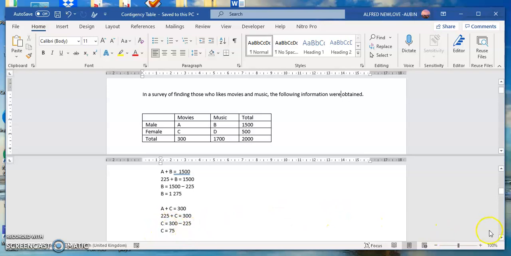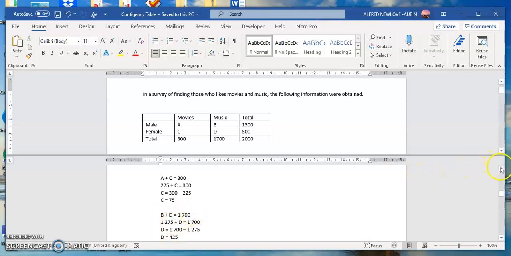Then the last one, they want us to find D. How are you going to find D? There are two ways. We can say B plus D is equal to 1,700, or we can say C plus D is equal to 500. Any of them should give you the same answer. So I use this one, B plus D. We know B to be 1,275.